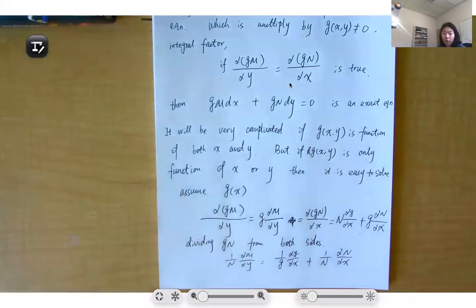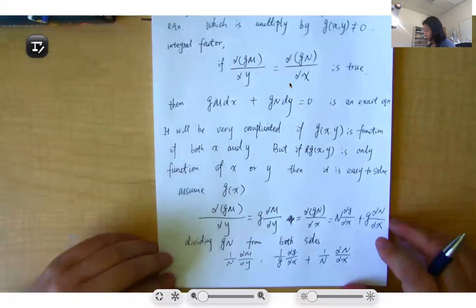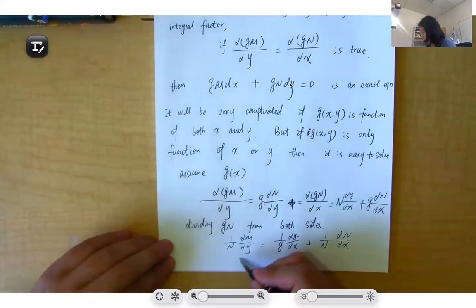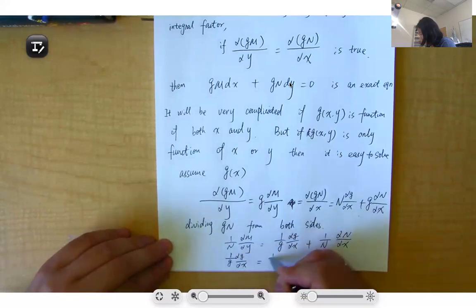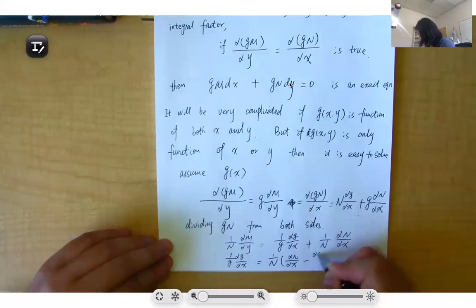And if we put the g part on the left side and the N part on the right side, then what we have is (1/g) dg/dx equals (1/N)(∂M/∂y minus ∂N/∂x).